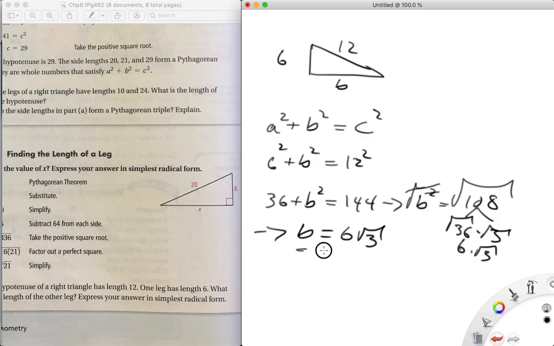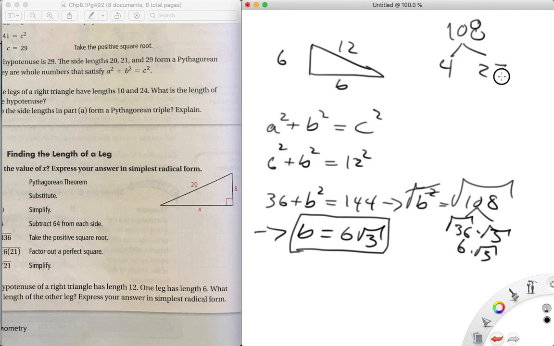If you're wondering where I got 36 from, I first divided 108 by 4, and I got 27 over here. I knew that I could pull out another perfect square because I know 9 times 3 is 27.